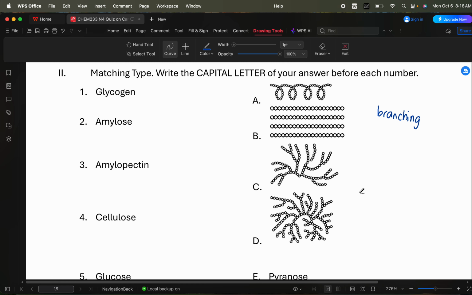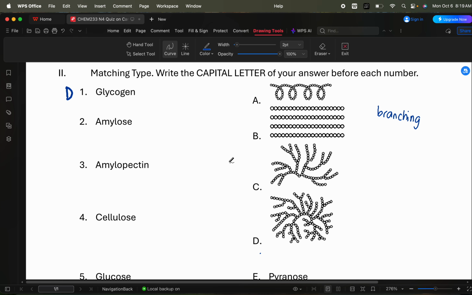So for number 1, glycogen, since it is considered the most complex of all, we are left with C and D. Between C and D, D is more spread out, so the answer for number 1, glycogen, is letter D.